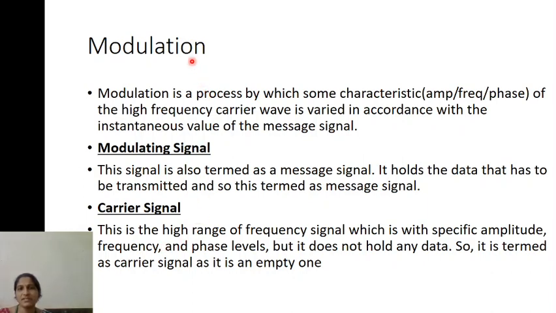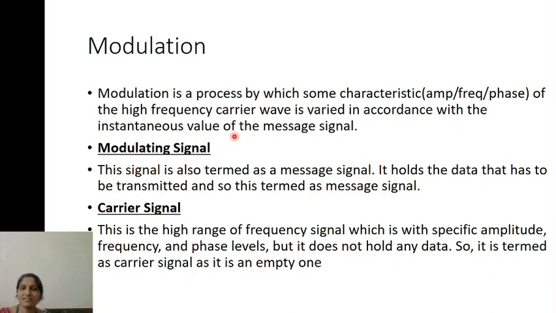Next topic, modulation. First of all, what is modulation? Modulation is a process by which some characteristic, which can be either amplitude, frequency or phase of the high frequency carrier wave, is varied in accordance with the instantaneous value of the message signal.